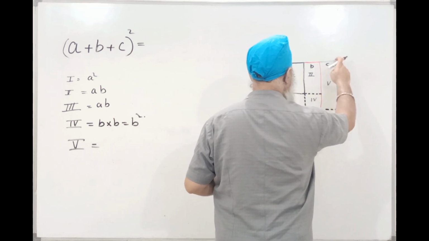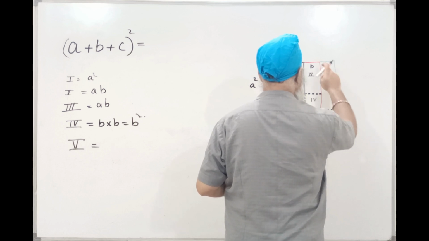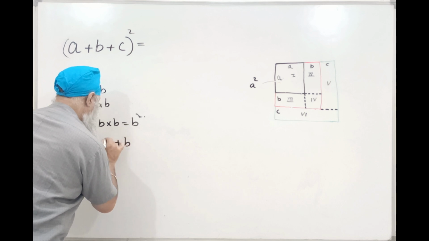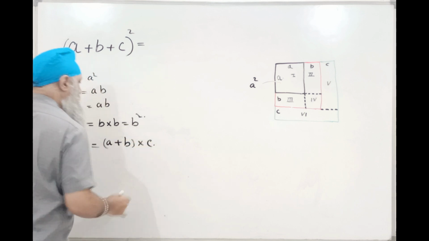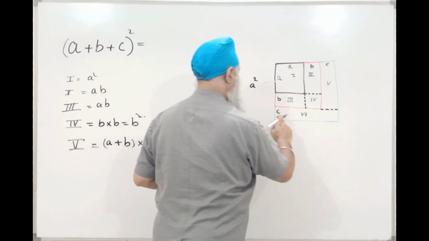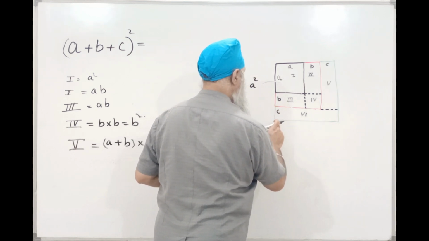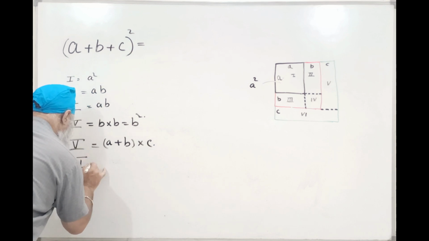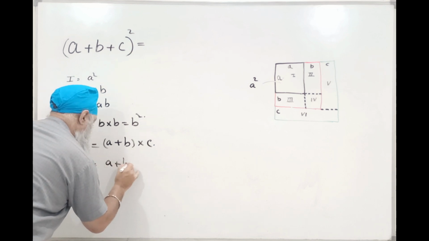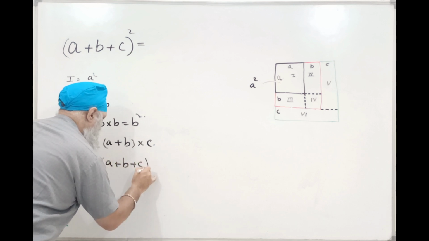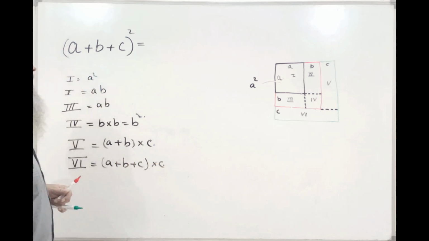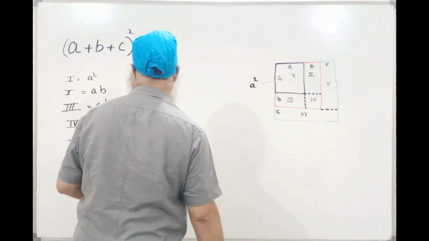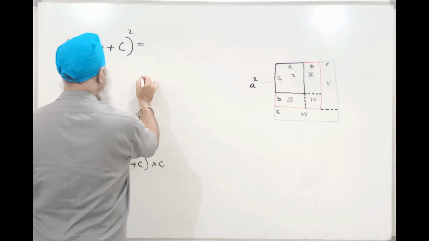From this to this is A plus B, and this is C. So this is (A + B) multiplied with C. And this region I have taken, the sixth one, is (A + B + C) into C. So that's the area of this sixth region. I have divided according to me.